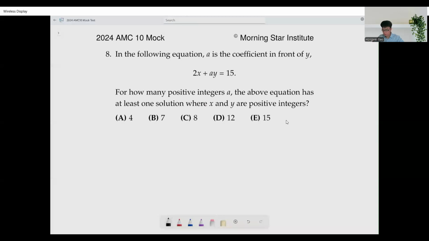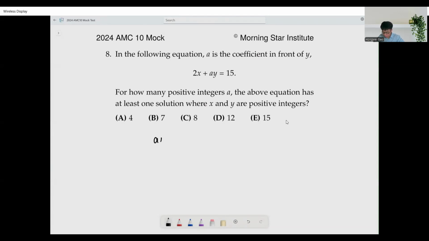Question 8. In the following equation, 2x plus ay equals 15. For how many positive integers a does the equation have at least one solution, where x, y are positive integers? Here we notice that 2 times x is always an even number.